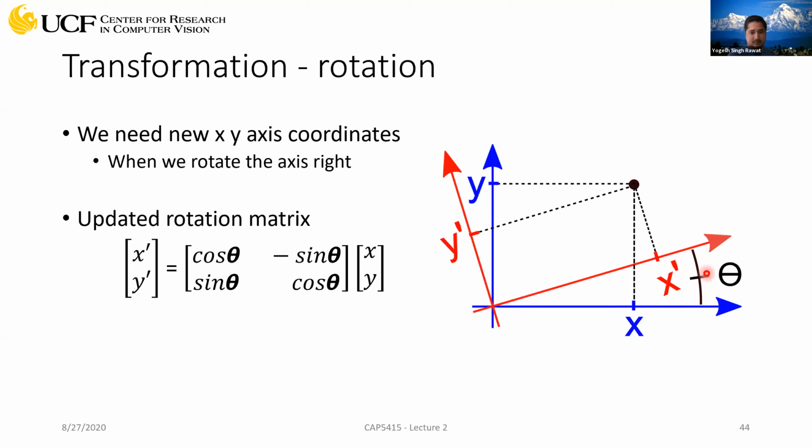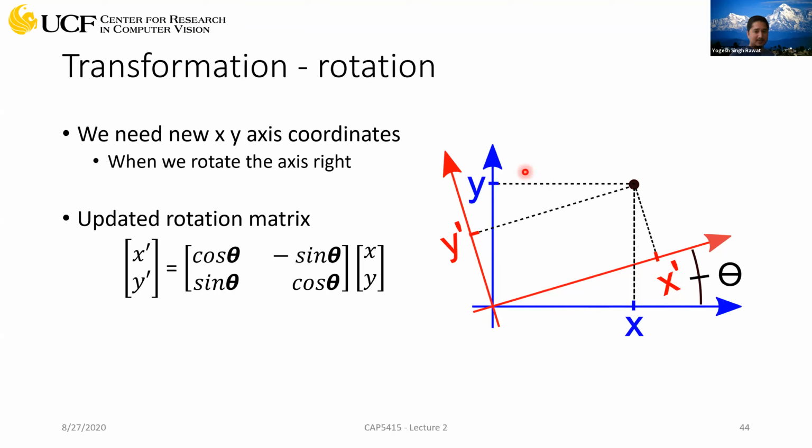So if you compute the coordinates, that will be the projection of this blue on the red. So again, that will be cos theta. And in the y-axis, it will be sine theta, but with a negative sign because this particular portion is negative, right? This is plus and negative.